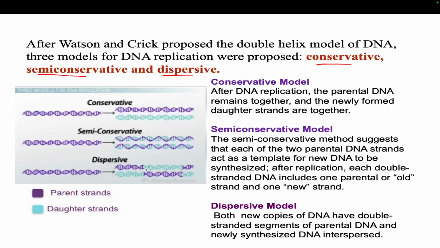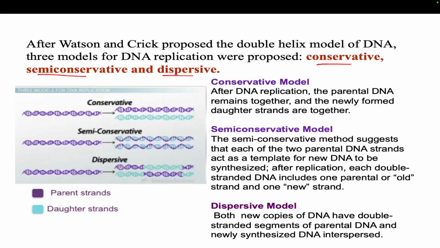That's why it is called dispersive, meaning some parts of the DNA are completely parental DNA and some parts are completely new DNA. The parental DNA is dispersed throughout the new DNA. That's why it is called the dispersive method.